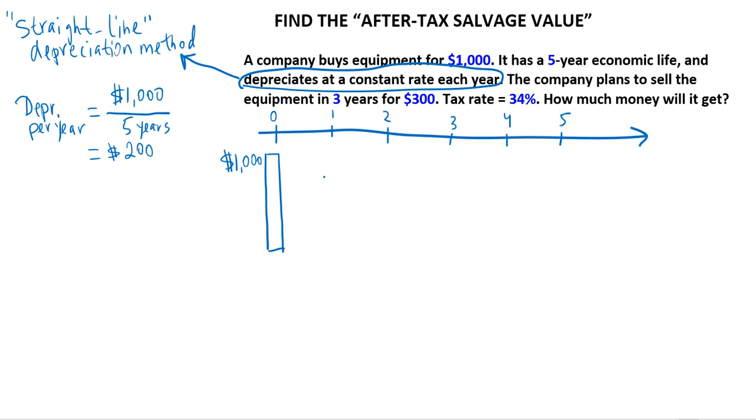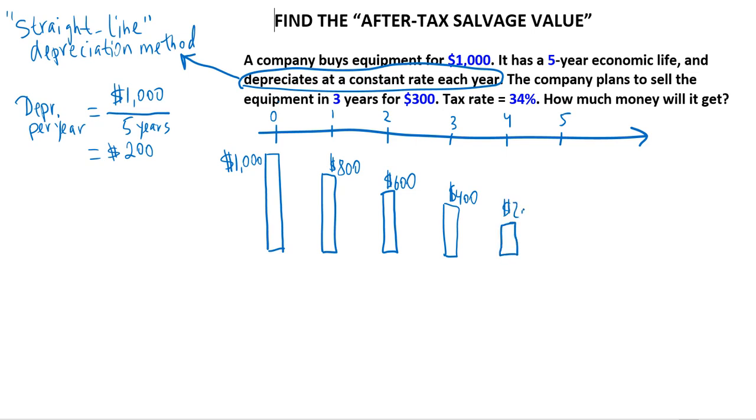What does it tell us? 1 year later, the value drops by $200, becomes $800. Then another year goes by, the value drops by another 200 and becomes 600. Then after year 3, the value becomes 400, then 200, and then nothing, $0, right? The value drops to 0 after the economic life is used up, end of year 5.